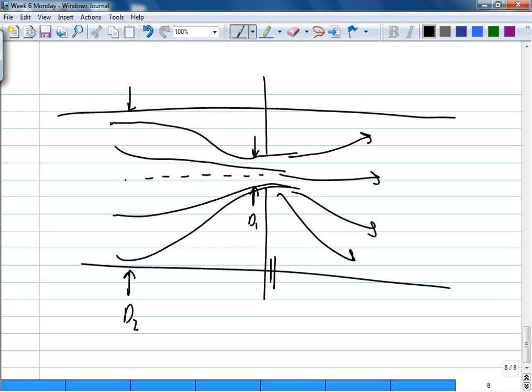So here is P2 and so forth. Here is V2, here is V1. Analysis is the same. Formula all the same. What's the difference?